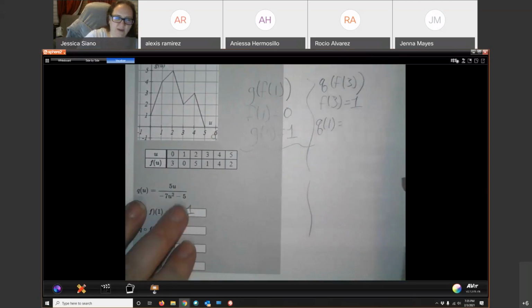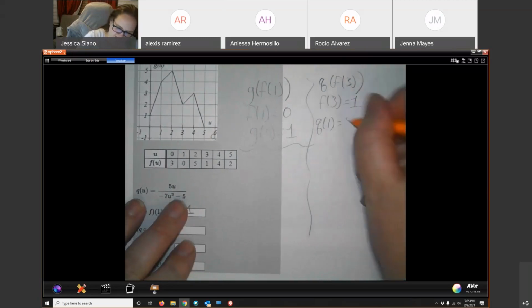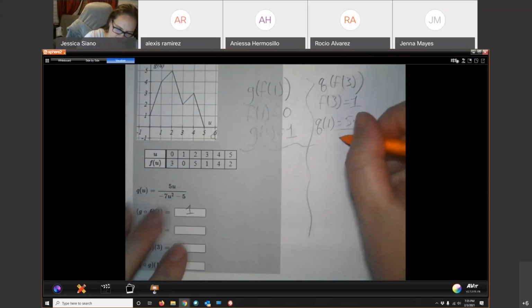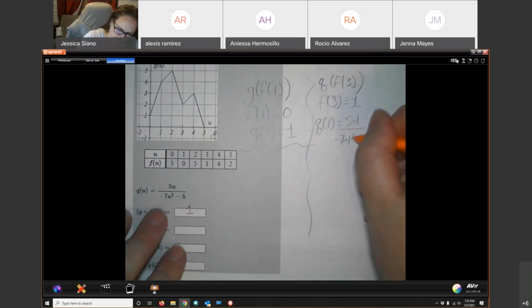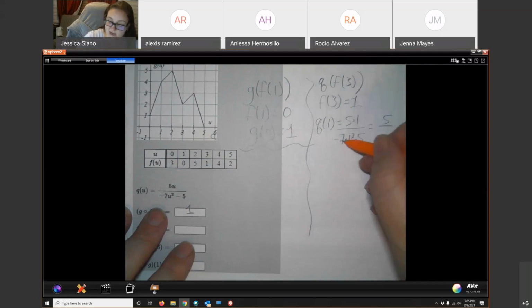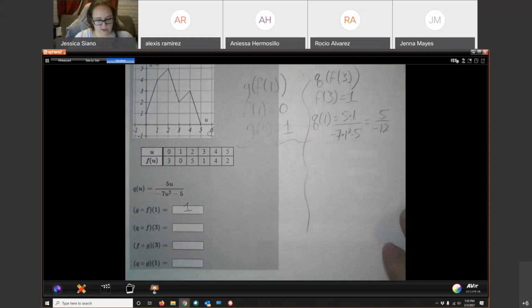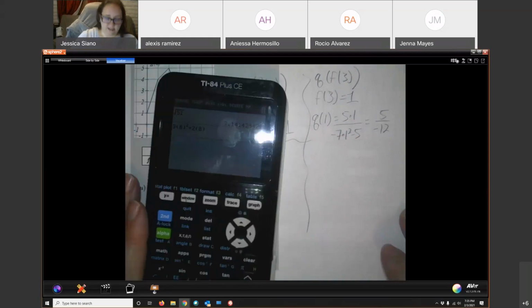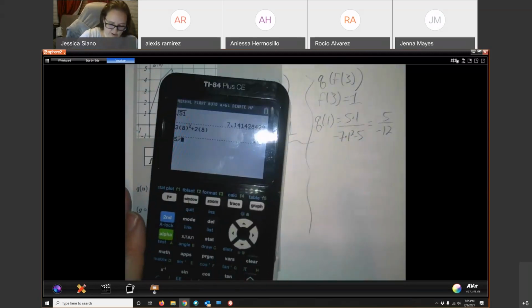And so now I would say that that is 5 times 1 over negative 7 times 1 squared minus 5. 5 times 1 is 5. Negative 7 times 1 squared is negative 7. Minus 5 would be negative 12. Again, it's going to want a decimal. So I would say negative 0.417.